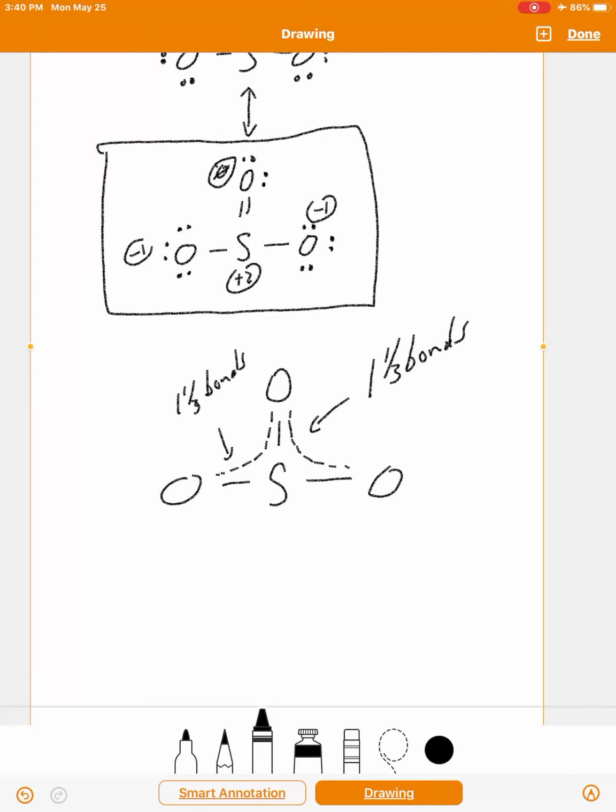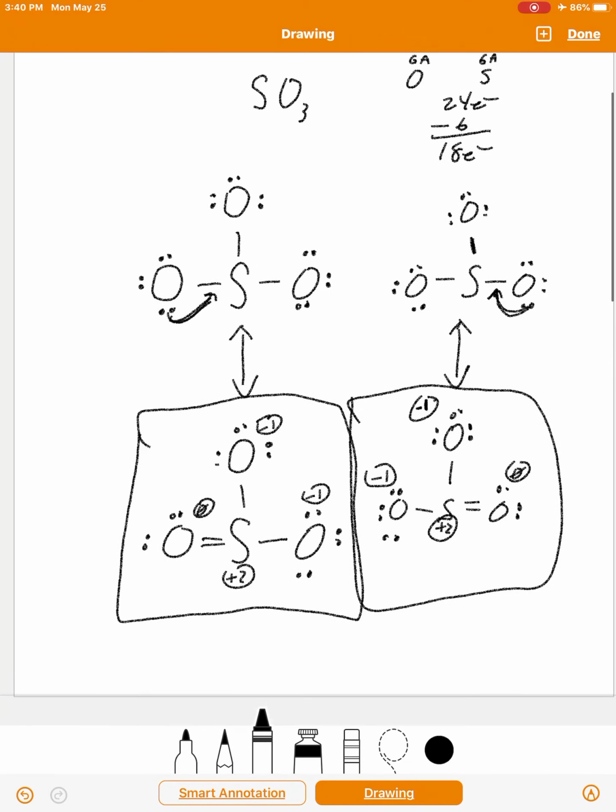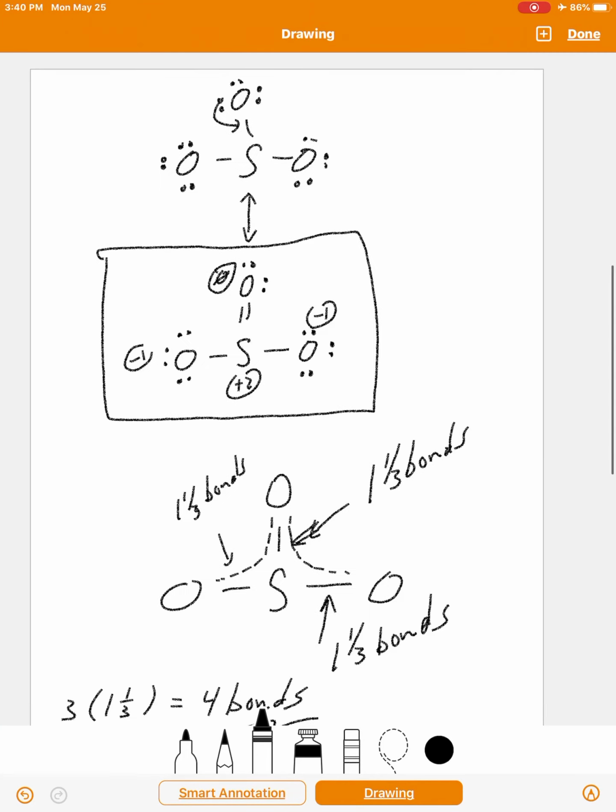So there's 1 1/3 bonds to this oxygen here, and then 1 1/3 bonds here. If you add 1 1/3, and there's 3 of them, you get 4 bonds. And each Lewis structure has 4 bonds, 1, 2, 3, 4. So I'm representing it as 1 1/3 each.